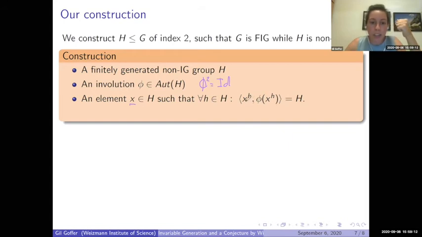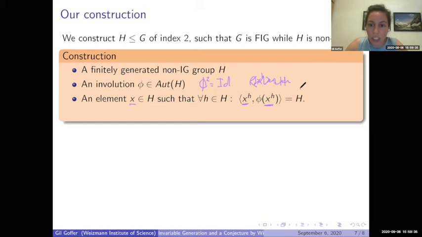X is not invariably generating, so it's not true that every conjugate of X generates the group. But each conjugate of X together with its phi image generates the group.